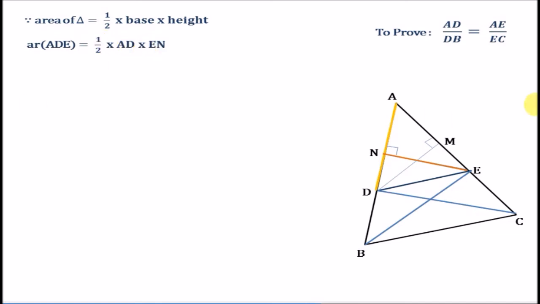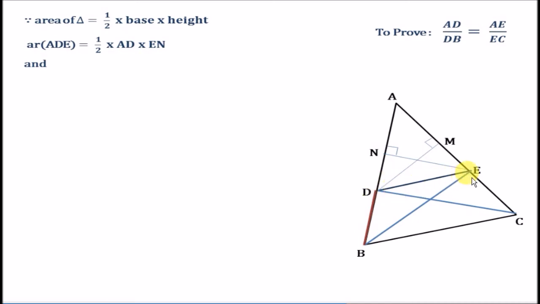Now the next side that we need to shift our focus to is side DB, which is in the denominator of the left hand side of the assertion that we need to prove. Considering DB to be the base of triangle DBE, which is an obtuse angled triangle where angle D is obtuse, the perpendicular of this particular triangle will be drawn on the extended base.